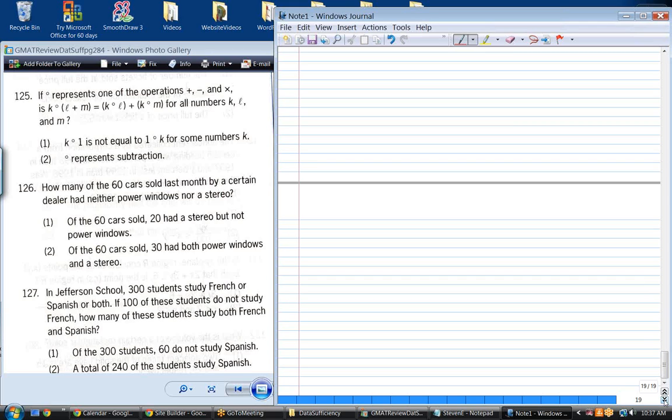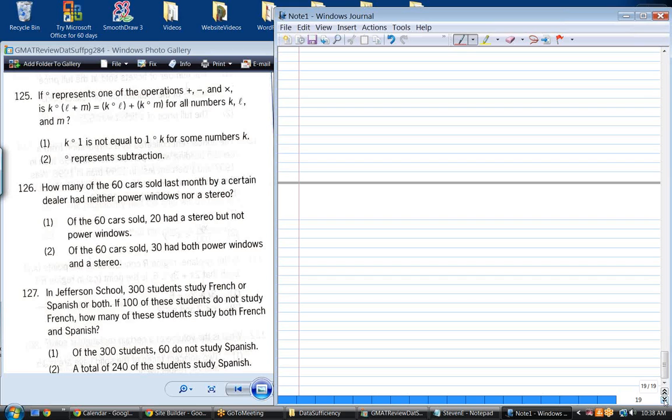So you have 3 different types of operations: addition, subtraction, multiplication. And I have this equation. And is that equation true for all numbers k, l, and m, depending on what operation we use. In statement 1, k to the 1 is not 1 to the k for some numbers k.